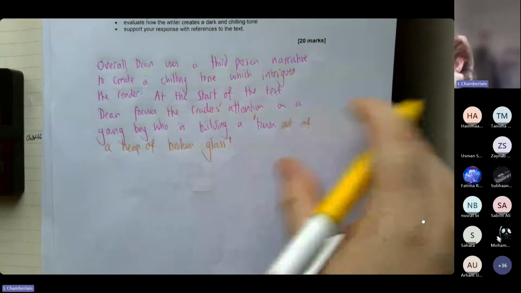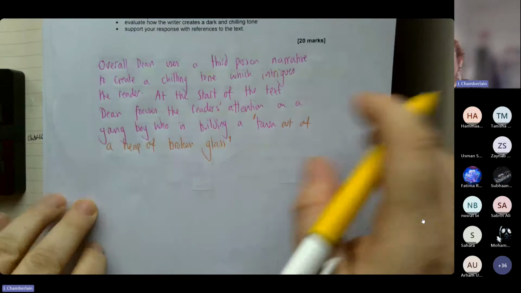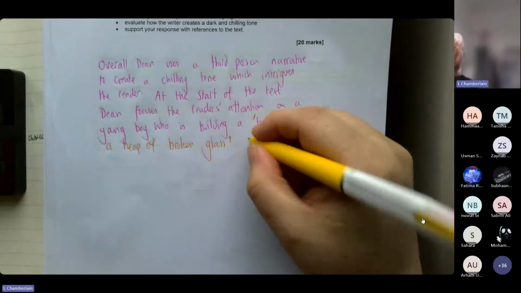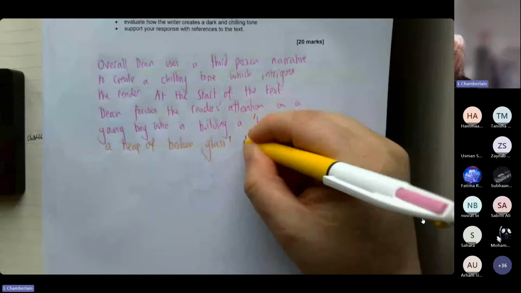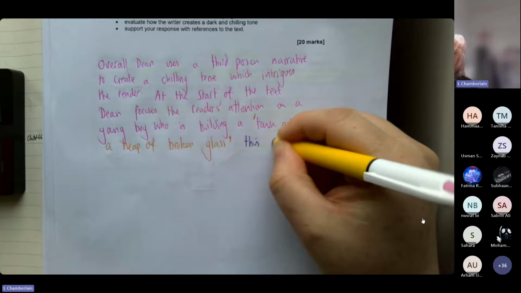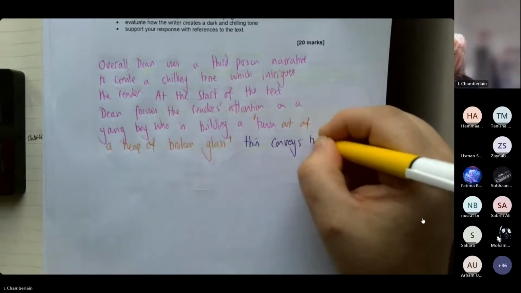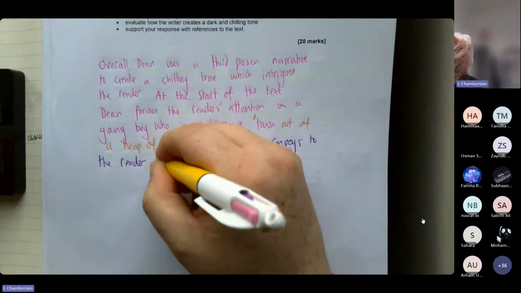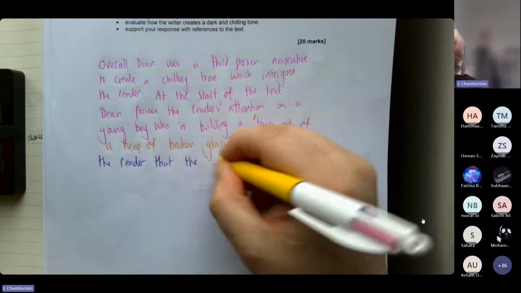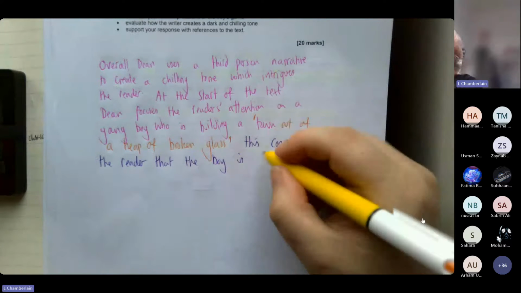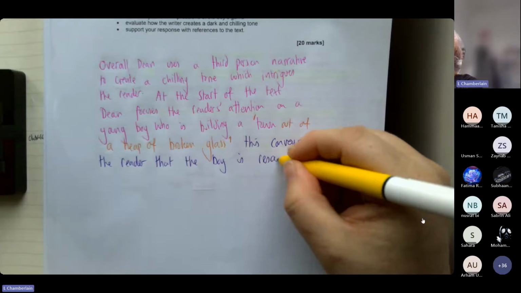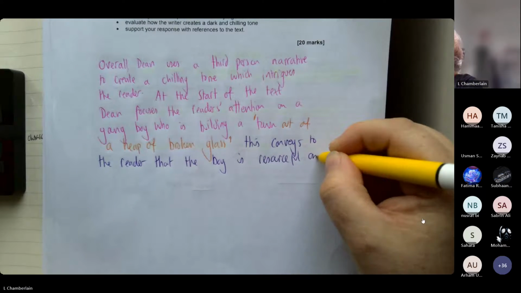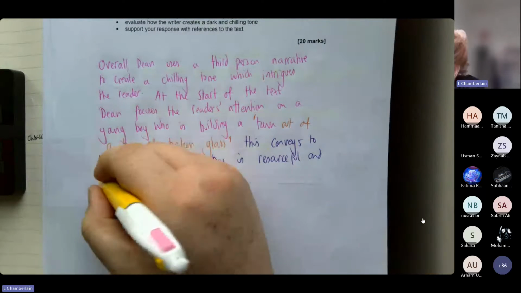We want to say now, why is this interesting to us? Why is this important? So we might say, this conveys to the reader that the boy is resourceful and alone.